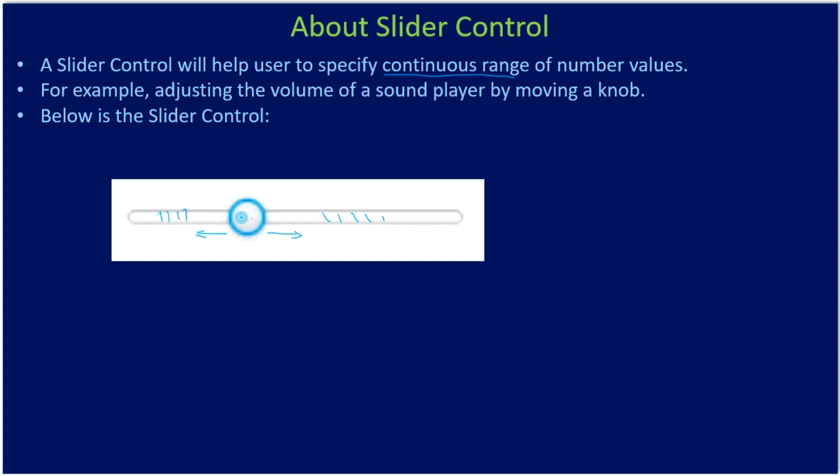So the orientation of the slider track decides in what direction the knob will move. A basic slider can have a track and a slider knob. This is the track, and this is the slider knob.